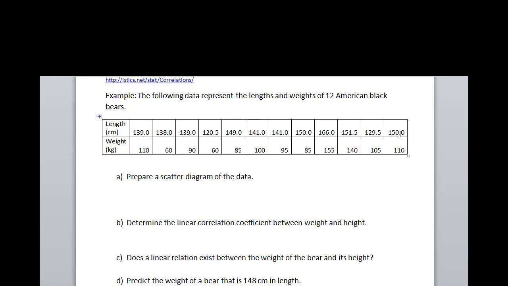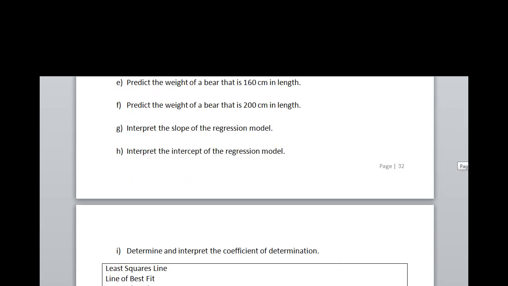The intercept does not have a practical interpretation because 0 falls very far outside of the range of observed lengths. And then the last piece is about determining and interpreting the coefficient of determination.